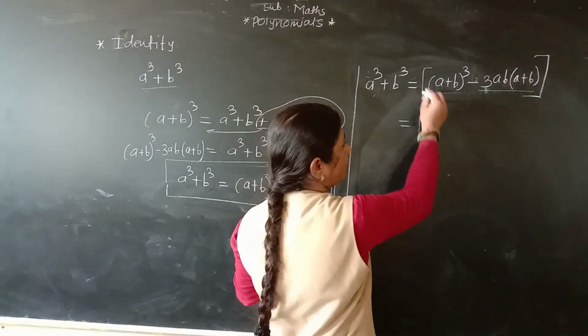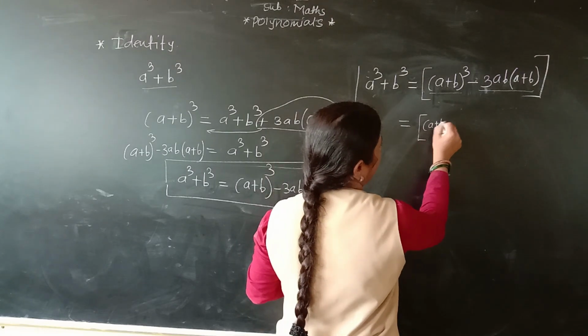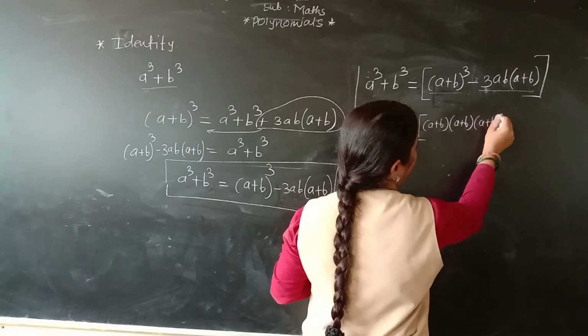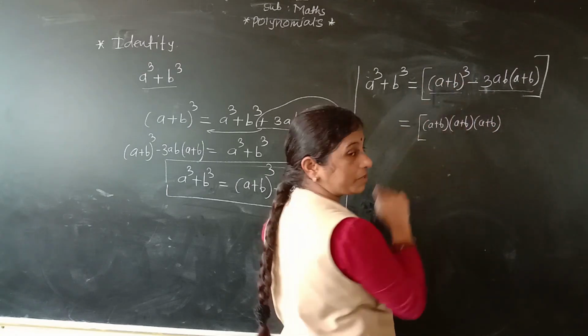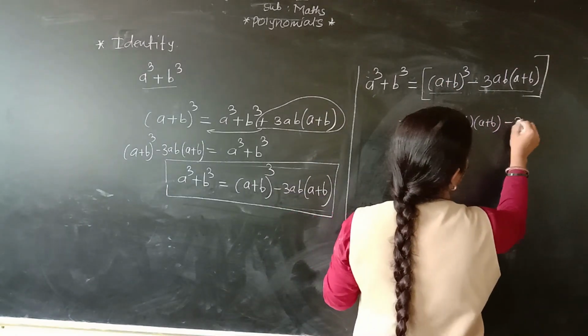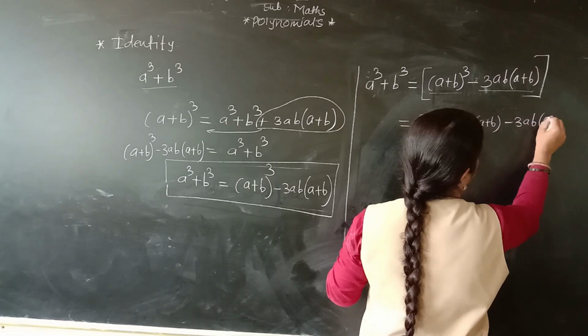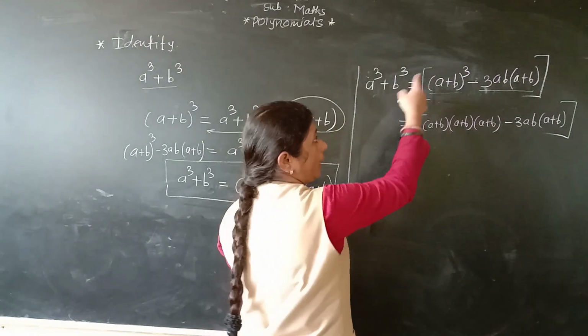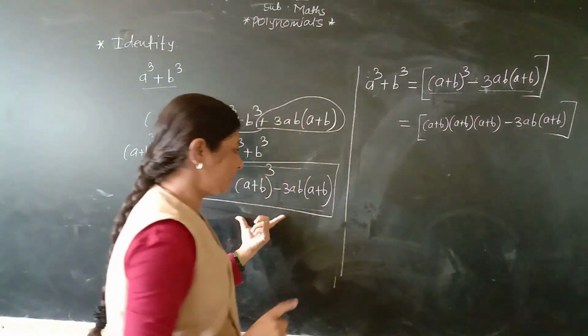See here how you will write this: a plus b into a plus b into a plus b. It means a plus b 3 times, and minus 3ab in bracket a plus b. Understood this step? We are only simplifying what we learned yesterday.